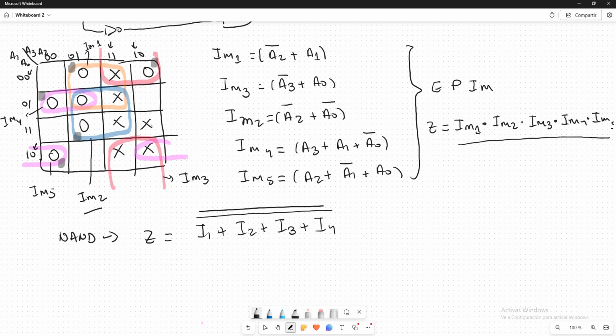And we apply De Morgan's theorem once. And you can check that negating each implicant is like having an AND operation.